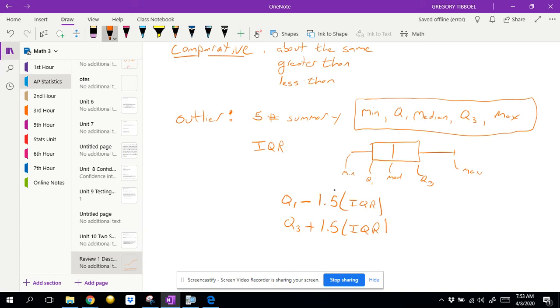So in order to be an outlier, you have to be smaller than this number or bigger than these. These are our limits. So if there are no numbers smaller than this, there's no outlier. If there is a number, it's an outlier. There are no numbers bigger than this, there are no outliers. If there are, they're outliers. That's the gist of it. So these are limits for outliers.